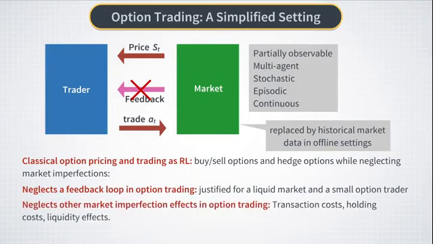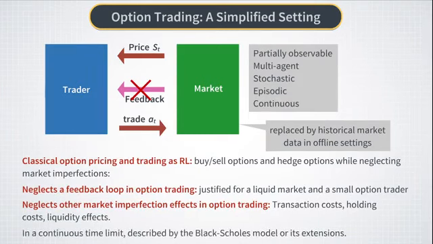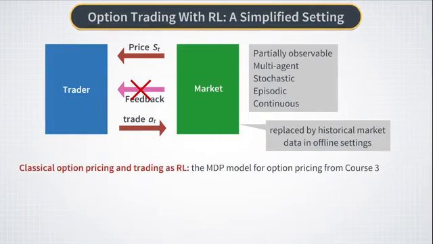Other market imperfections, such as transaction costs or limited stock liquidity, are also neglected. Option pricing and hedging in such models amount to solving partial differential equations, or PDEs, that describe option prices and generalize the Black-Scholes PDE.